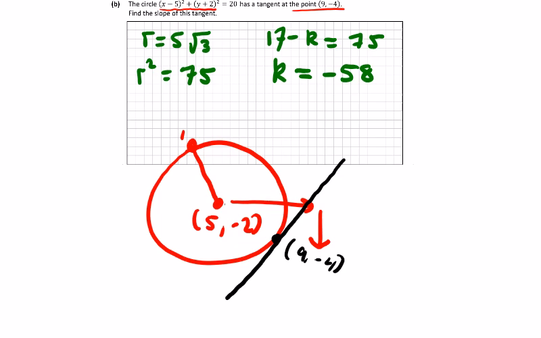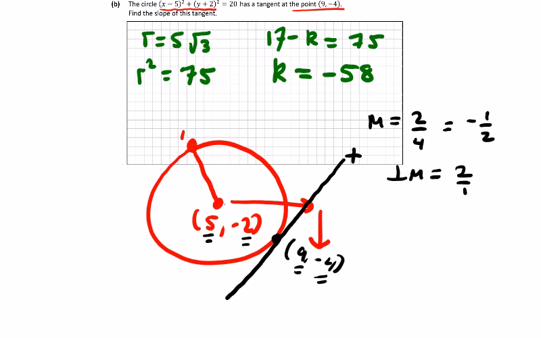We're asked for the slope of the tangent, which is going to be positive. So m is equal to the change in y, minus 2 to minus 4 is 2, over the change in x, 5 to 9 is 4. So this is my negative slope, minus 1 over 2. So the perpendicular slope is equal to 2 over 1, which is equal to 2.